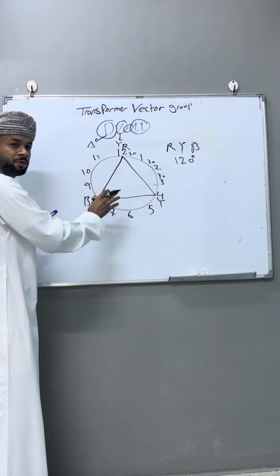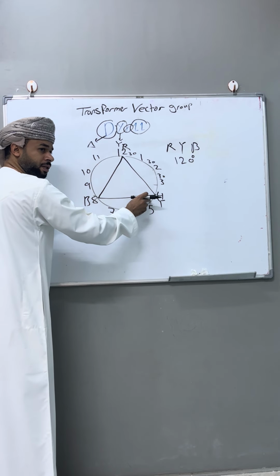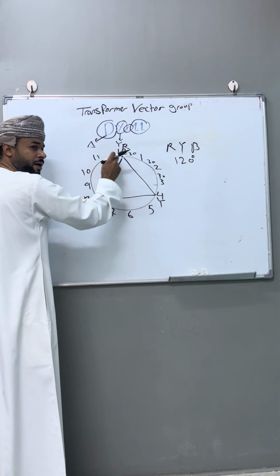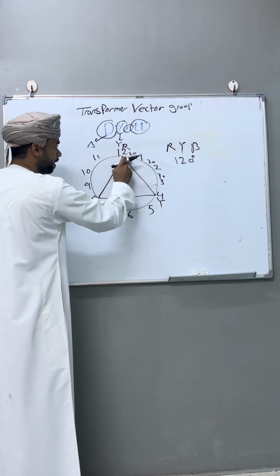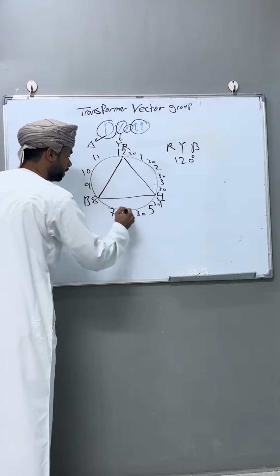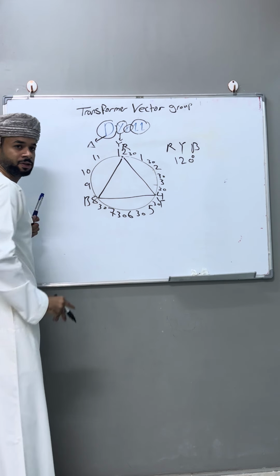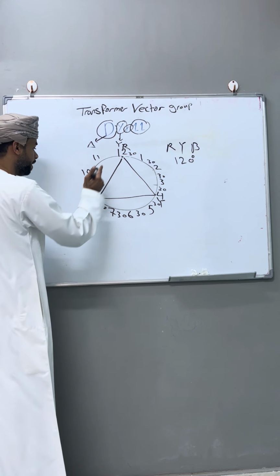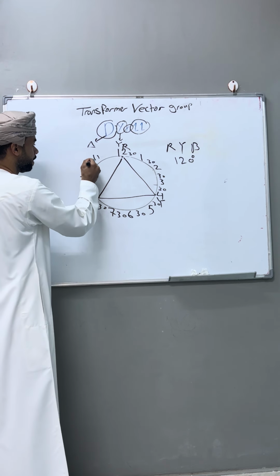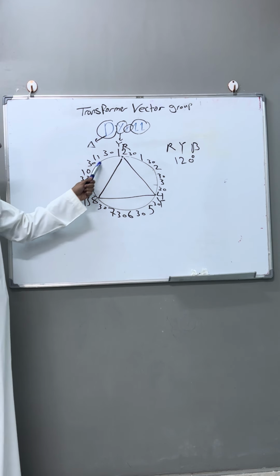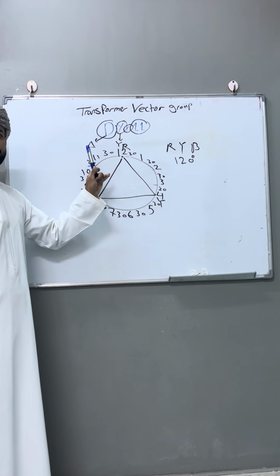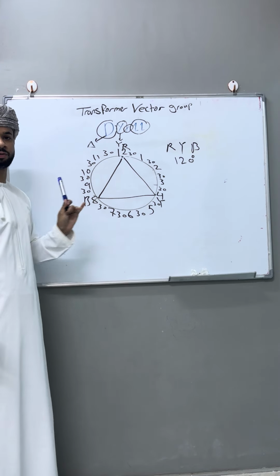Now let's check that between RY it is 120, YB 120, and BR 120 degrees. Let's check: 30 plus 30 plus 30 is 90, plus 30 is 120. Here 30, 30, 30 is 90, plus 30 is 120 degrees. Between B and R, 30, 30, 30, 30, we find it is 120 degrees. So I drew the delta connection with a phase angle of 120 degrees.